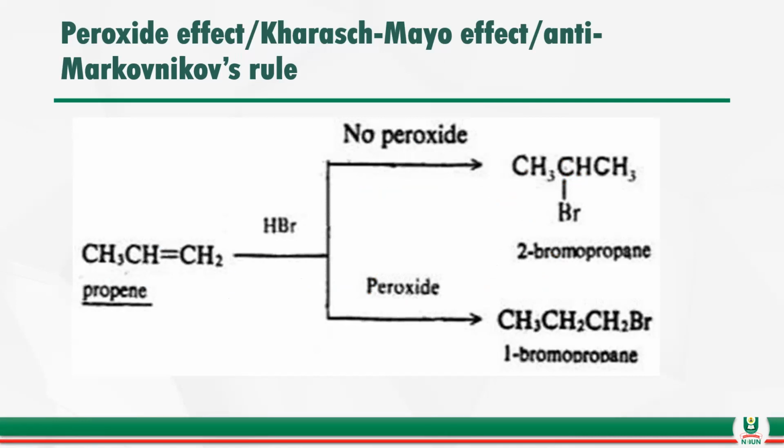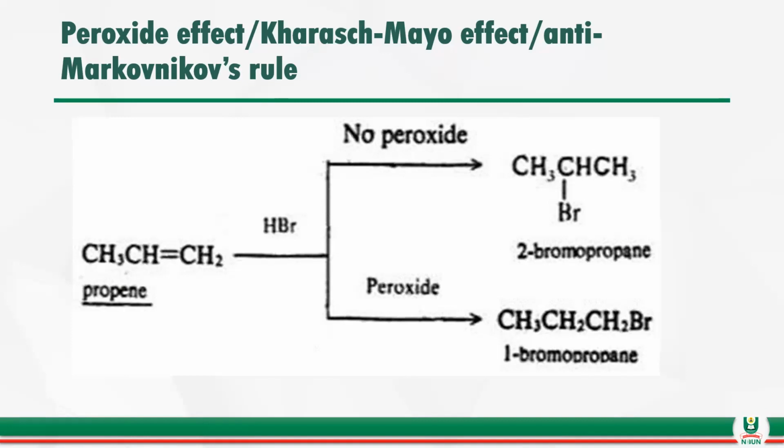Then let us look at a factor that affects Markovnikov's rule. This factor is either called the peroxide effect, or the Kharasch-Mayo effect, or anti-Markovnikov's rule. The three of them are saying the same thing: peroxide effect, Kharasch-Mayo effect, anti-Markovnikov's rule.